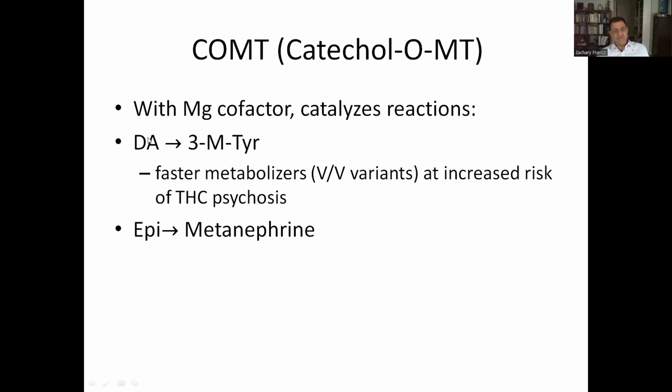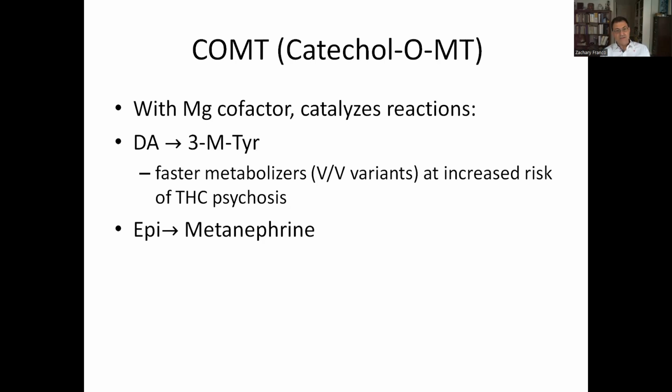And like I said, it converts dopamine into something. The first thing it converts it into is 3-methoxytyramine, I guess. That's an important thing, especially in the brain, to have something that gets rid of dopamine so it doesn't stick around too much.